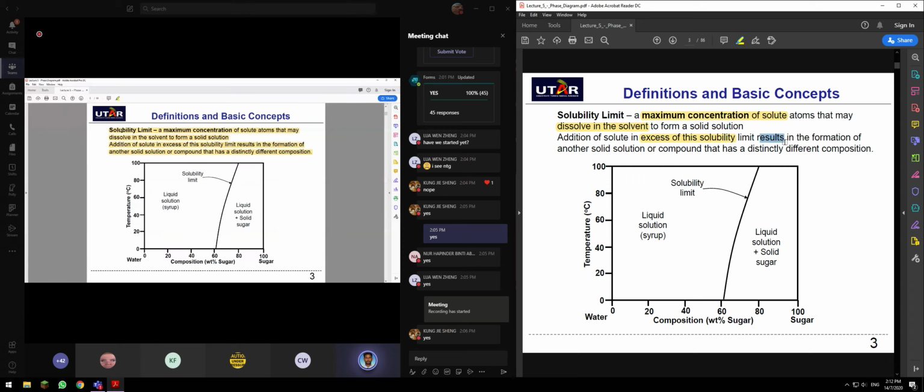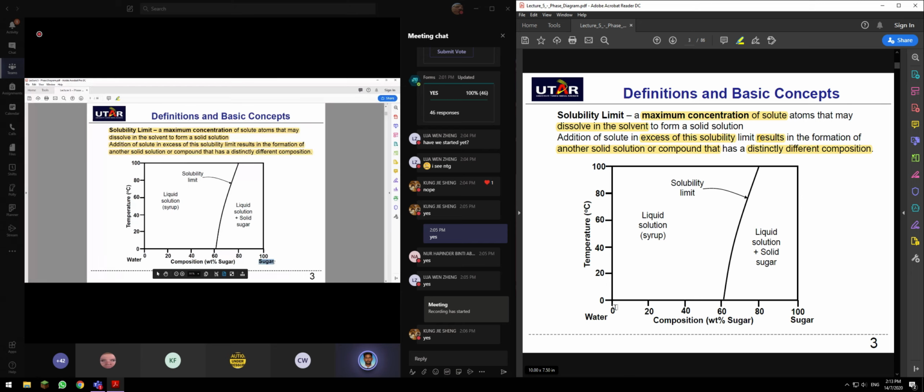So what are they trying to say here? It's very simple. Look at your phase diagram. In the phase diagram, you have two components: one is water and another one is sugar. Here it's stated composition, weight percentage of sugar. Everyone look at your x-axis, the horizontal line. Here 0 means you have 0 weight percentage of sugar.